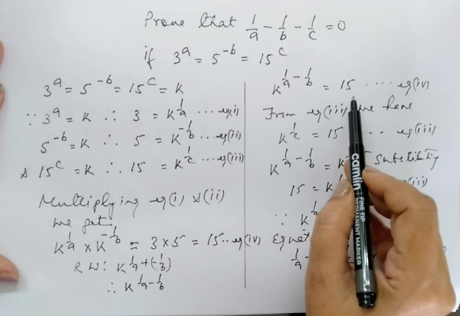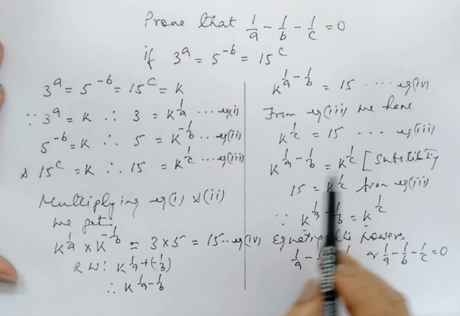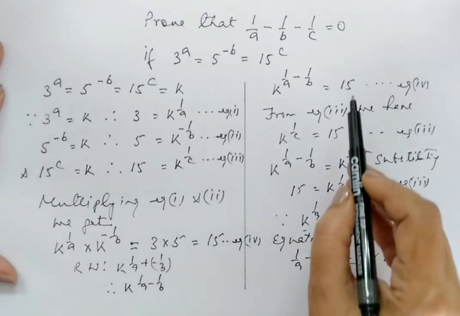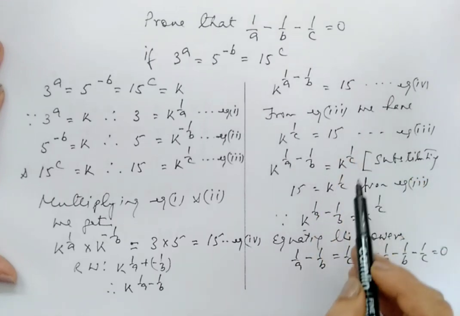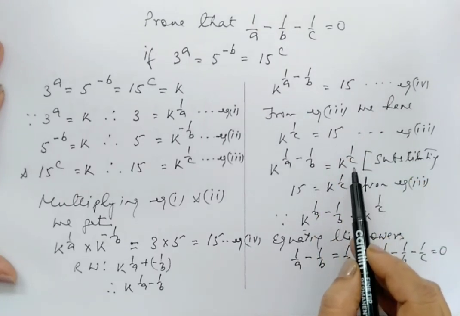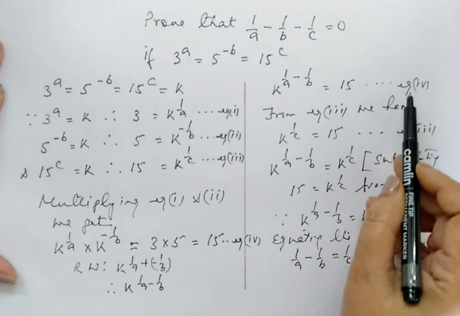Having got this, now we can go ahead and try to equate with the third equation, which is 15 here, which can be substituted by k to the power 1 by c, in equation 4.